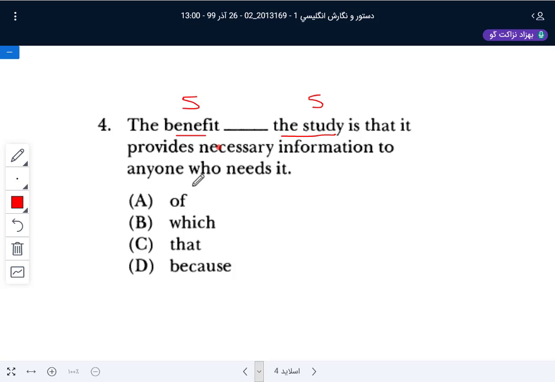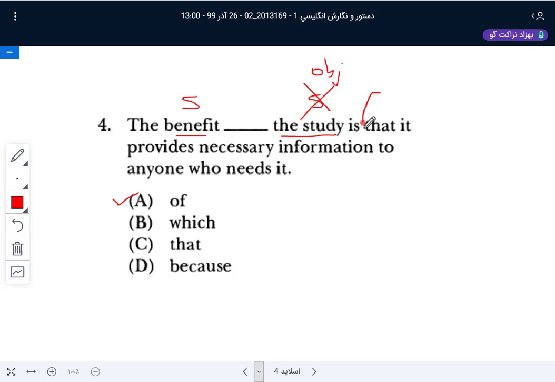So if that is true, do I have a coordinate conjunction? No, I don't have. So I need a preposition here. So in that case, this cannot function as the subject. It is the object of the preposition. So I need, as you said, a preposition. The benefit of the study is what?